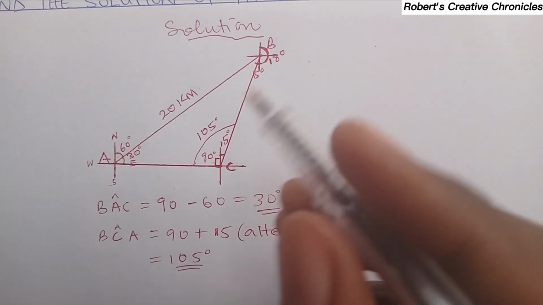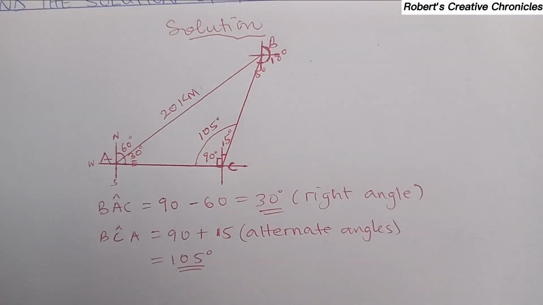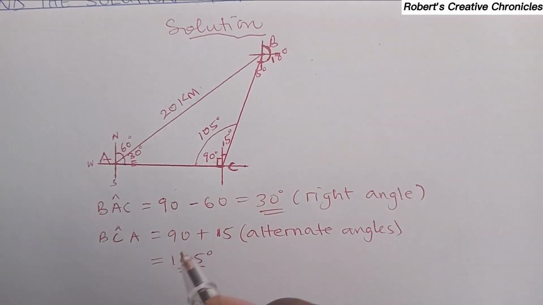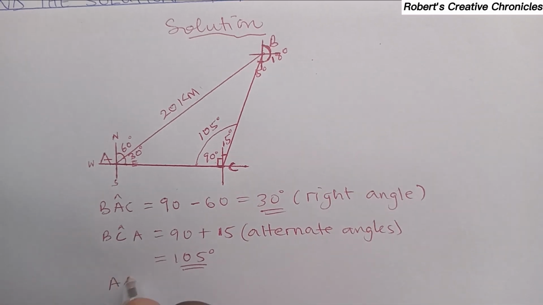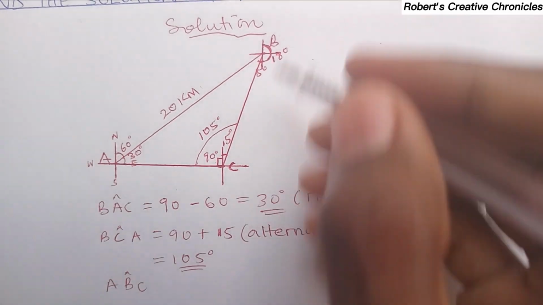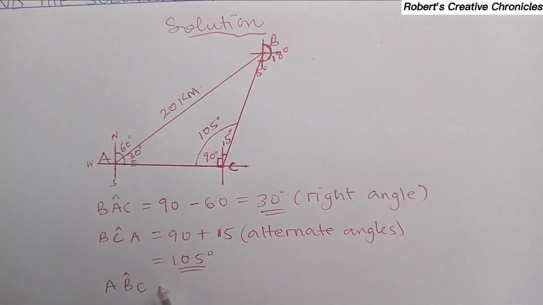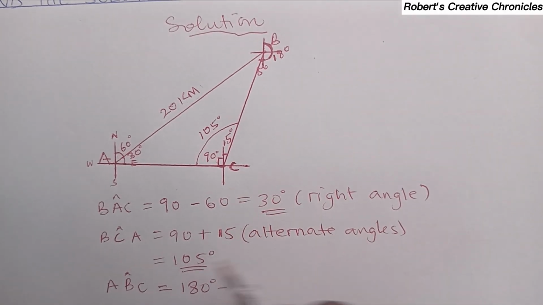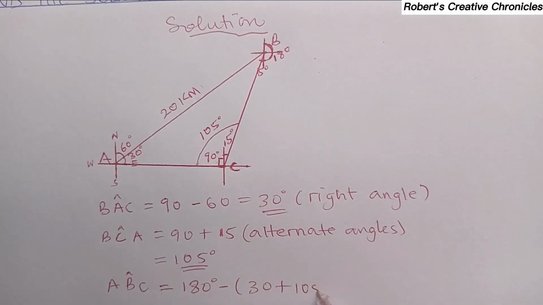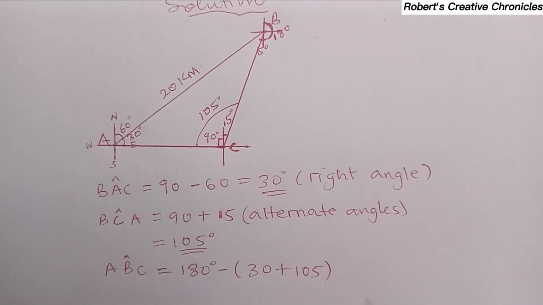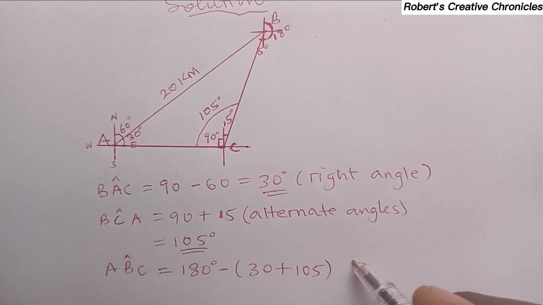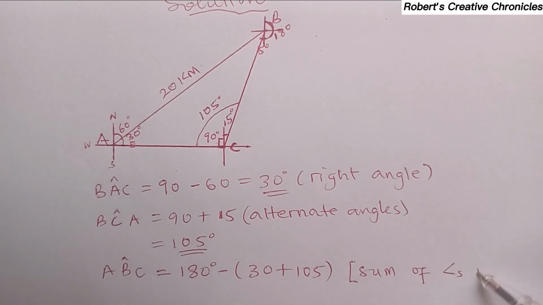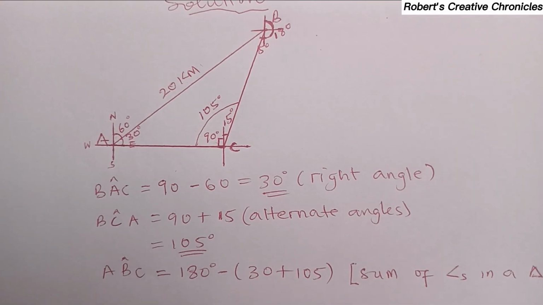Now, to find this one, ABC, ABC is equal to 180 degrees minus the sum of these two, 30 plus 105, because of the sum of angles in a triangle.